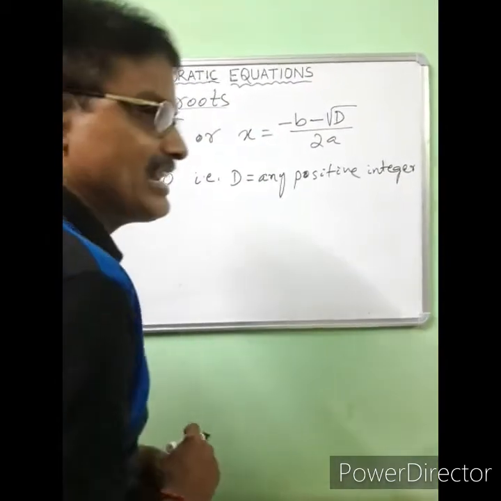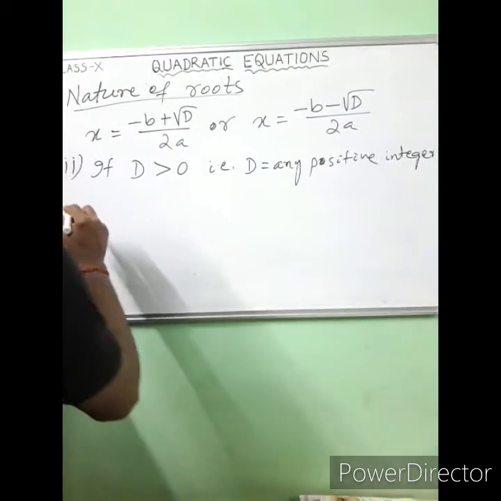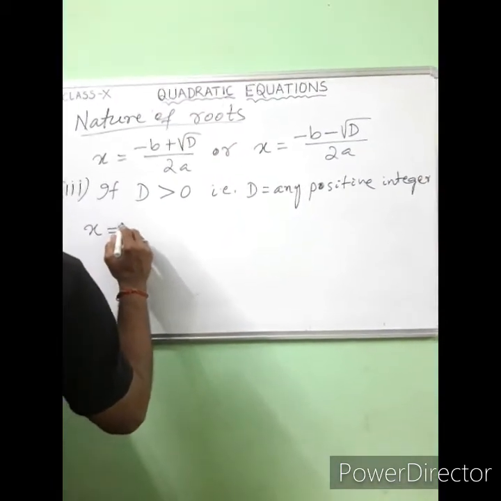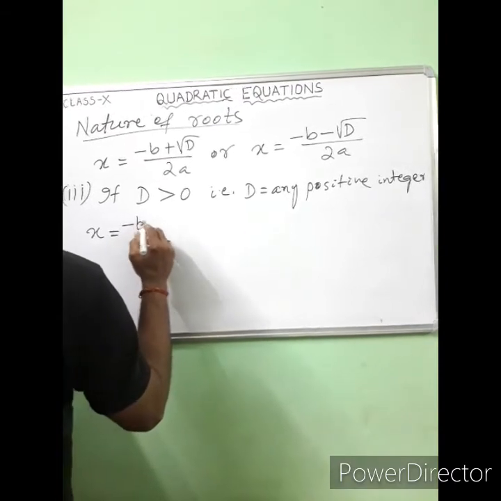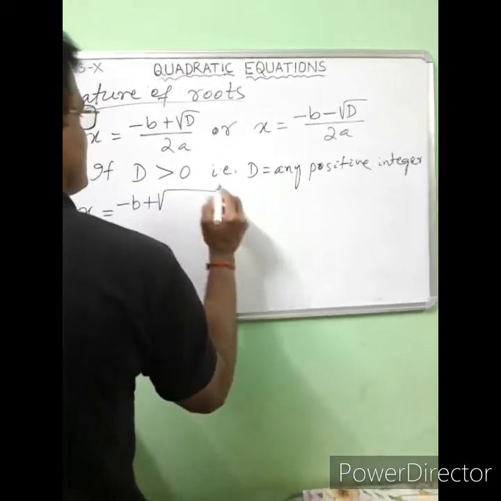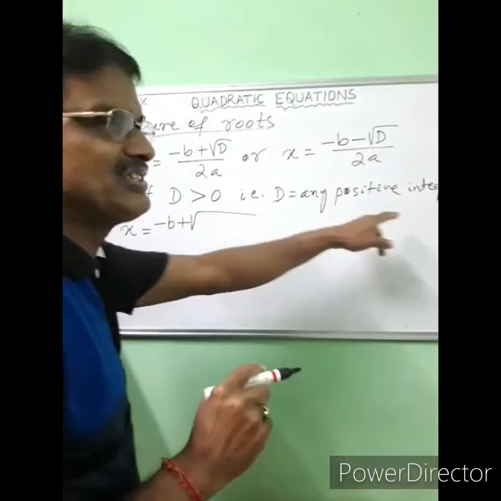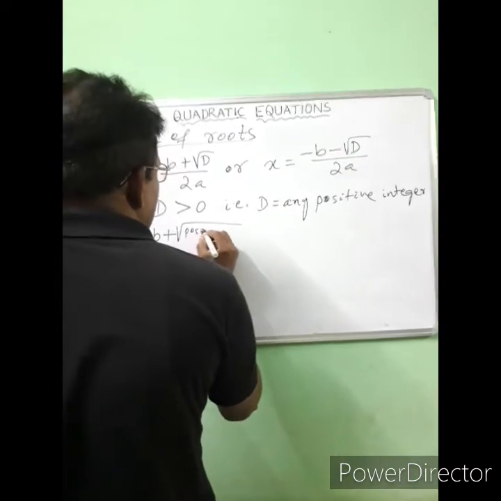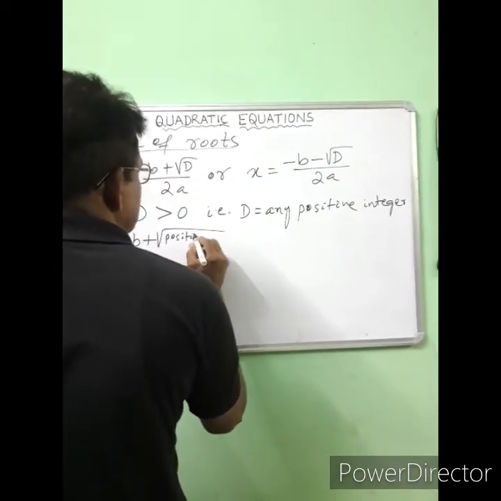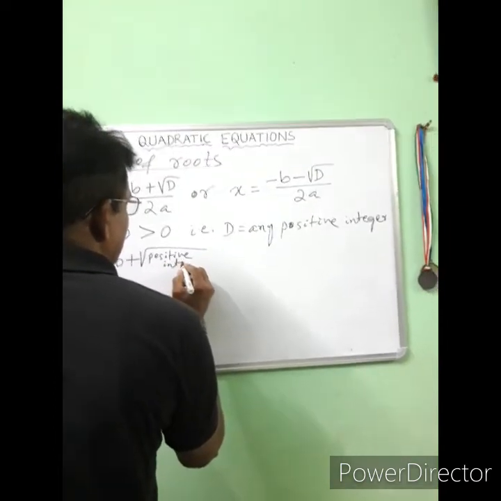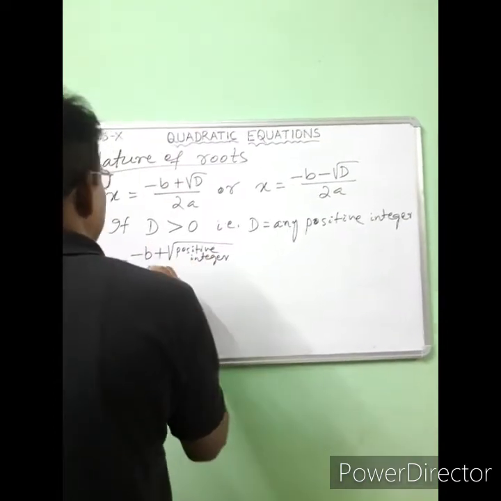So in that case the roots are x is equal to minus b plus root over of any positive integer, by 2a, or x is equal to minus b minus root over of any positive integer, by 2a.